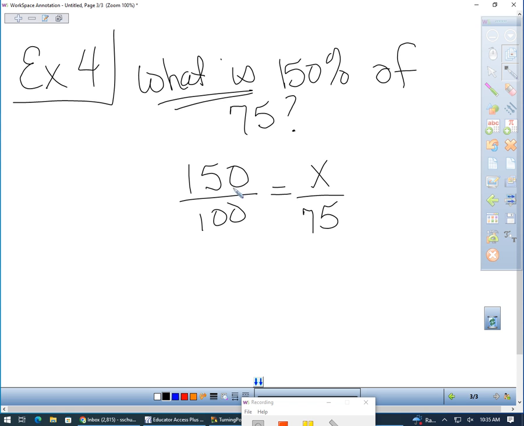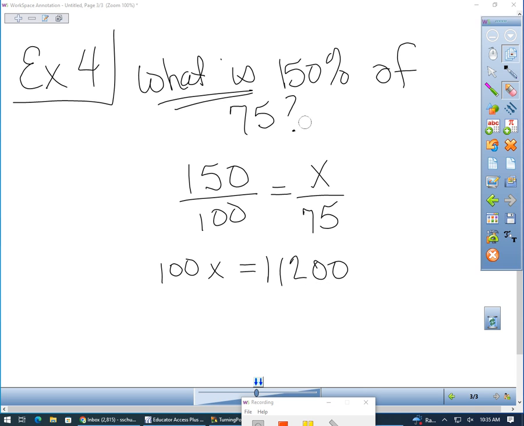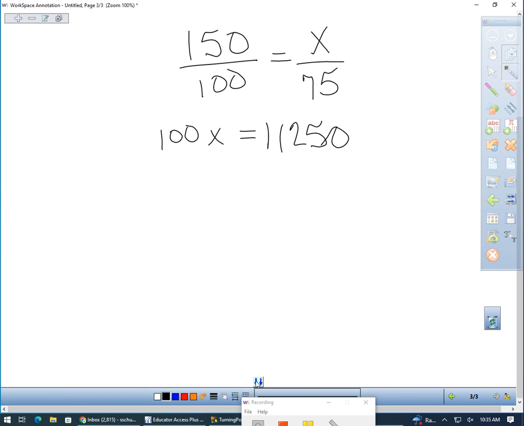So now we cross multiply. 100 times x is 100x. 75 times 150, somebody multiply that for me. All right, now to solve for x, I have to do what?